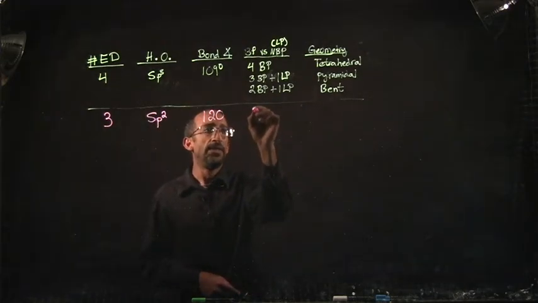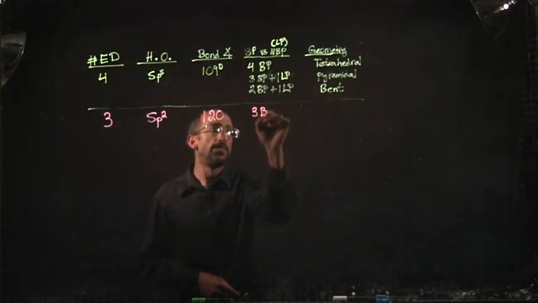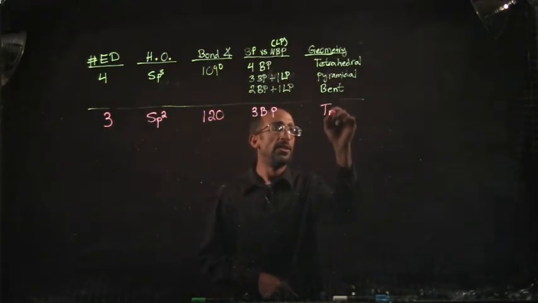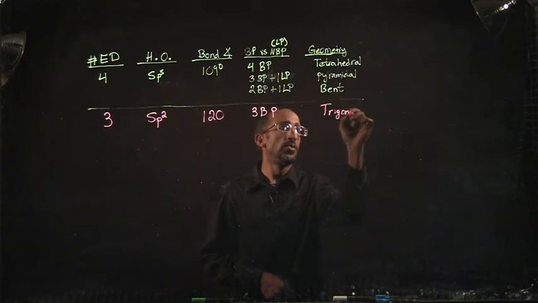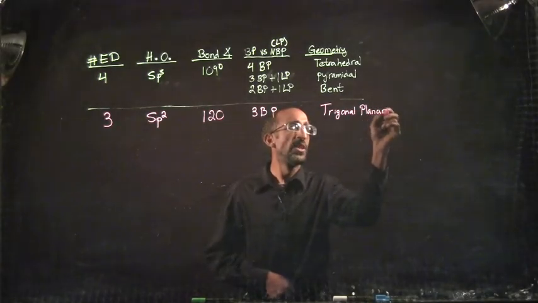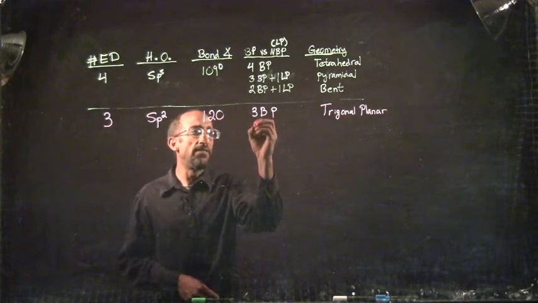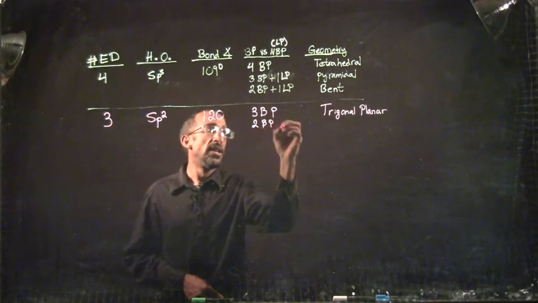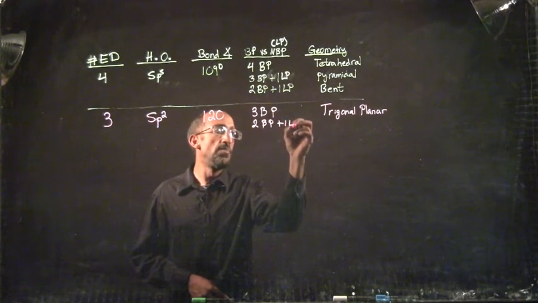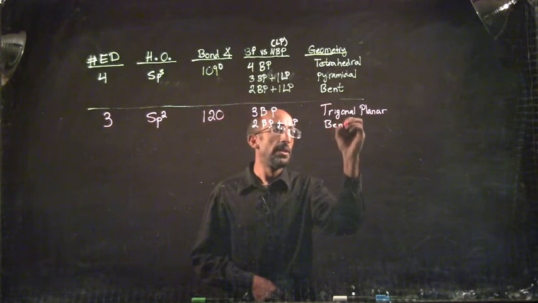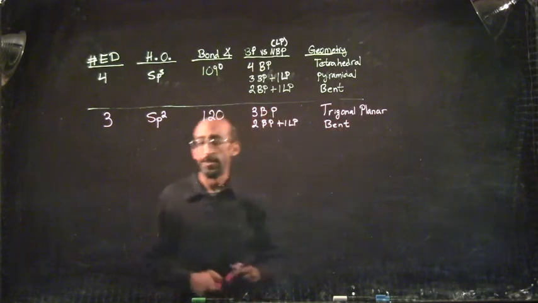If we have 3 bonding pairs, we have a trigonal planar geometry. And if we have 2 bonding pairs and 1 lone pair, we have a bent geometry.